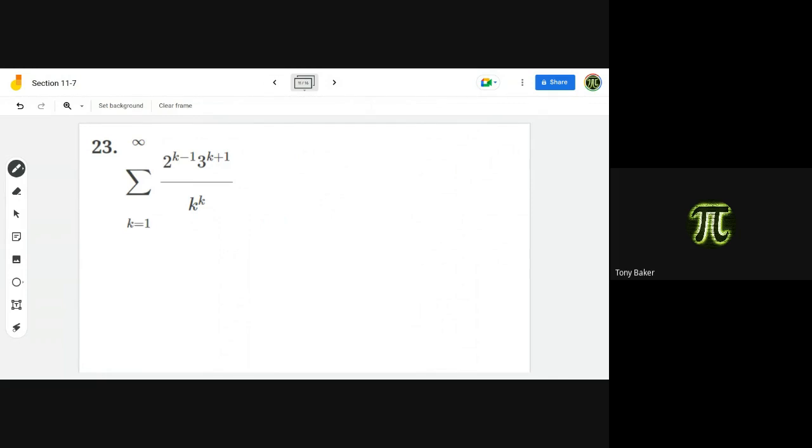All right. So what do we want to try? Test for divergence? Okay, so we're looking at the limit of this as it goes to infinity.